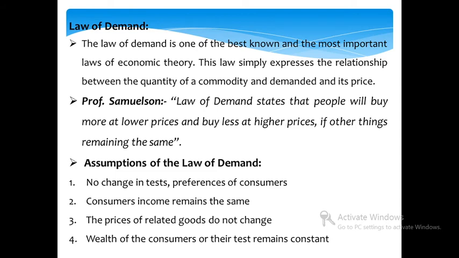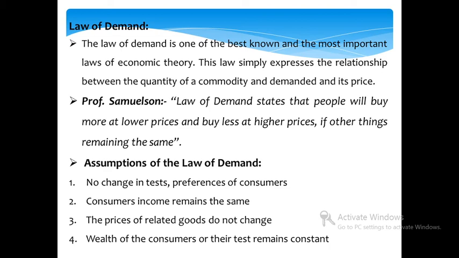Another point is the law of demand. The law of demand is one of the best known and the most important laws of economic theory. This law simply expresses the relationship between the quantity of a commodity demanded and its price.